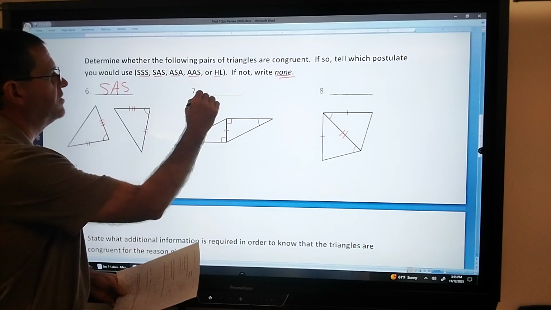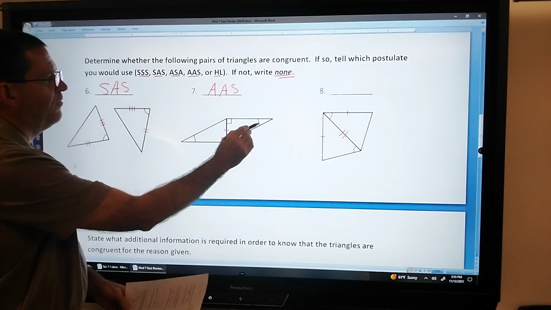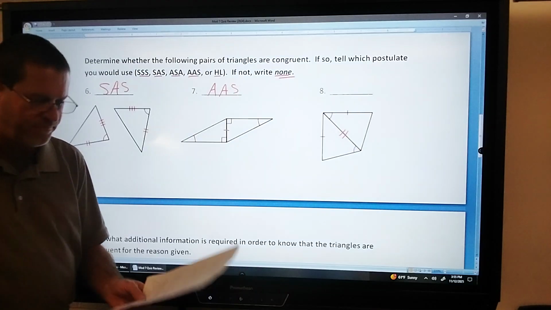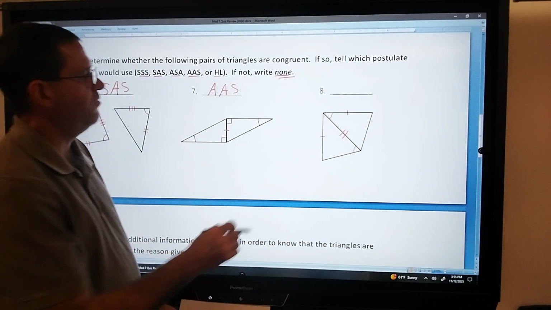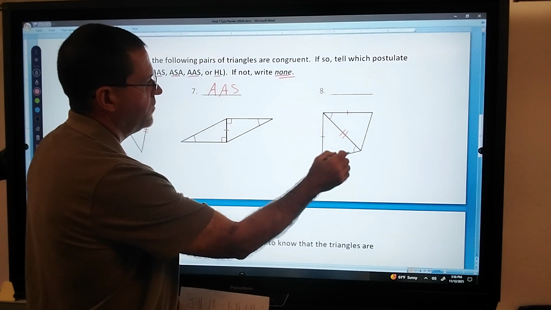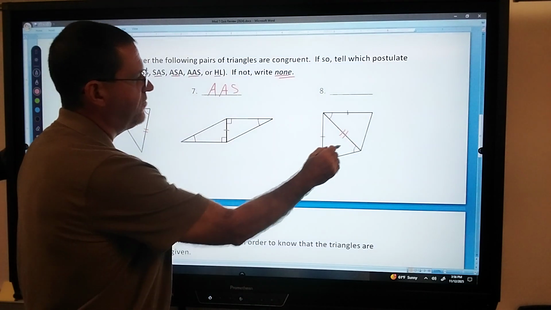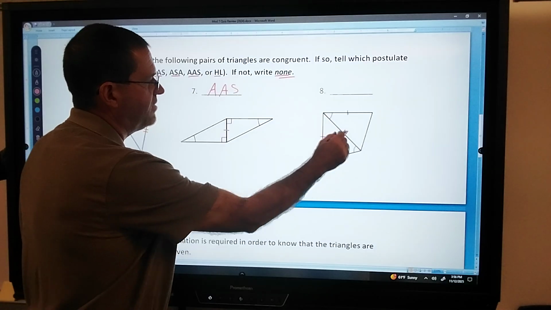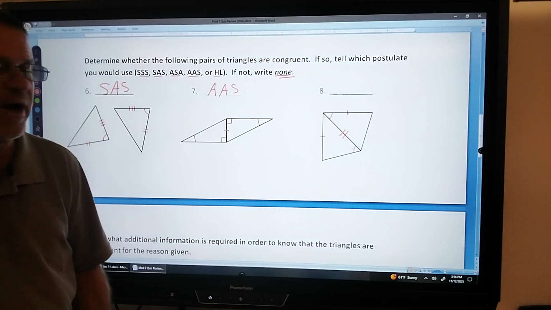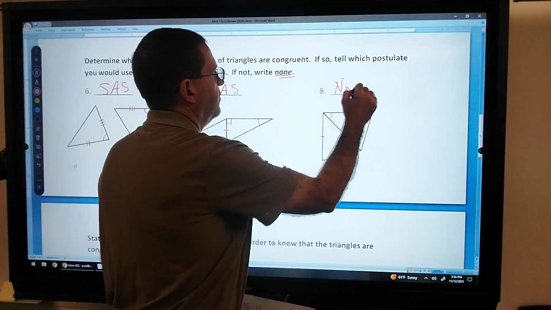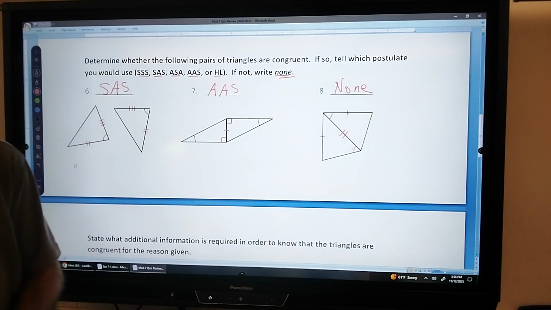Angle, angle, side. And that works over here. Angle, angle, side. And then the last one, we have a side angle side on the top right. However, we do not have a side angle side on the bottom triangle. So that would be a none.